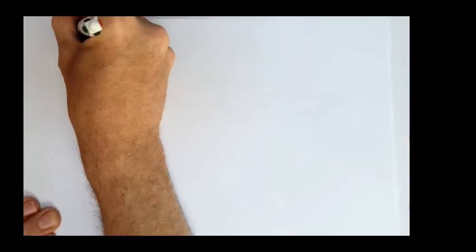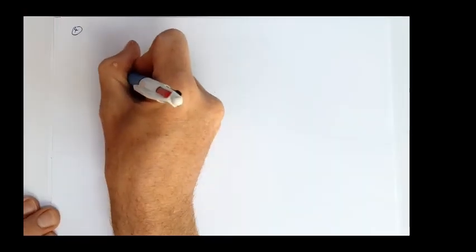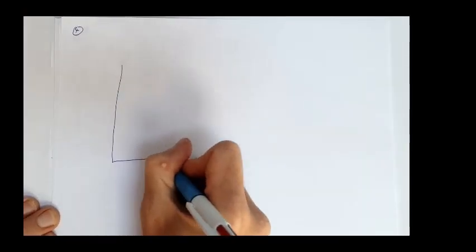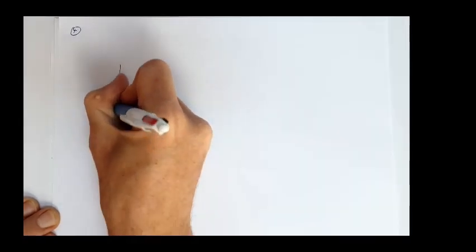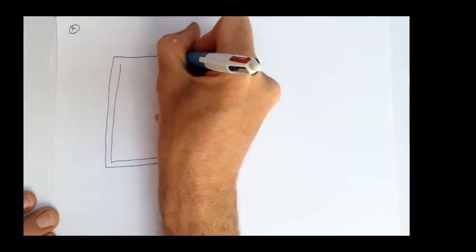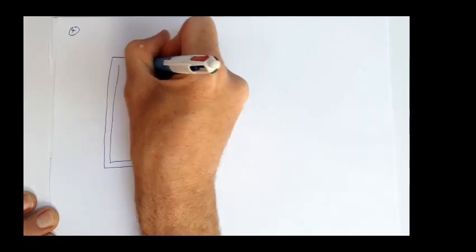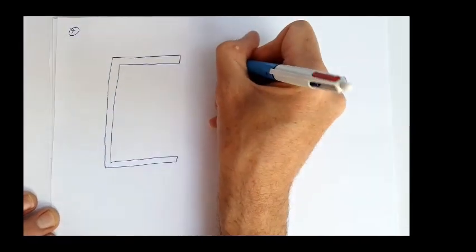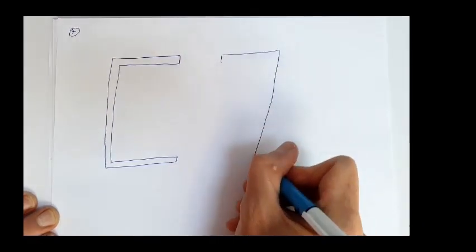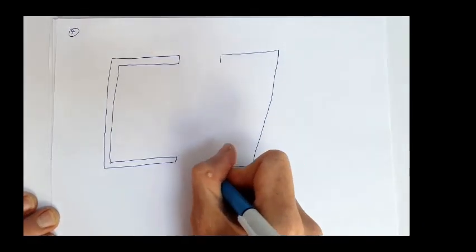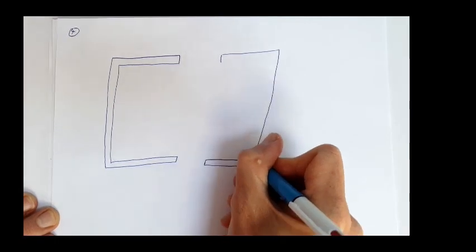For question 4, we've got a compound section this time made up of these 2 C channels. So we've got one C channel which looks something like this. We've got another C channel sat next to it, and we're told the properties of those C channels.